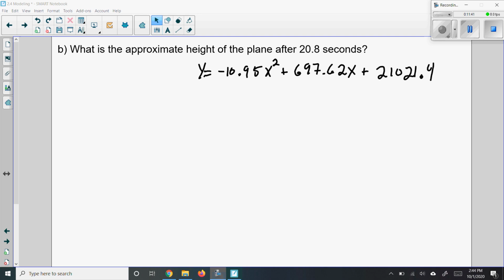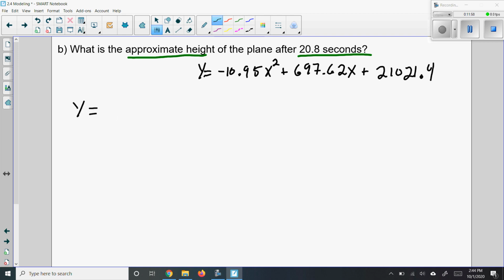This question is asking us, what is the approximate height after 28 seconds? Well, the x is 28.8. And the y is what we're looking for.